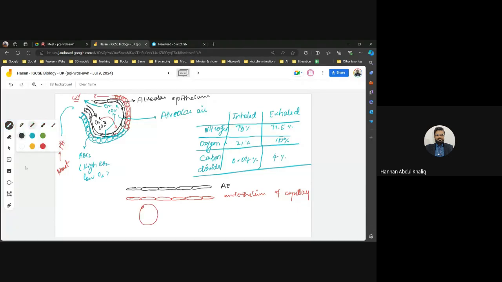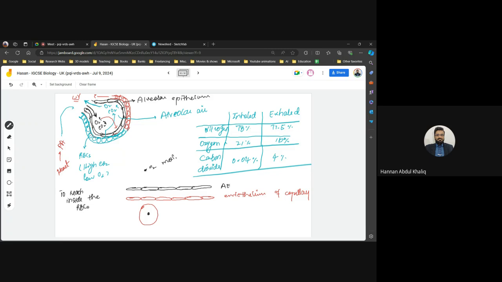Now, over here you have an oxygen molecule. My question is, please listen very closely, how many cell membranes does this oxygen molecule have to cross to reach inside the red blood cell?